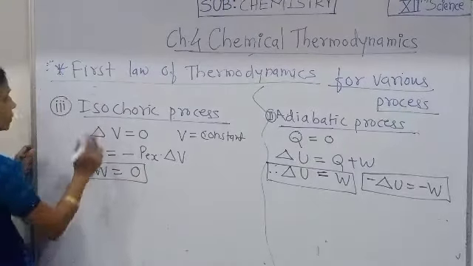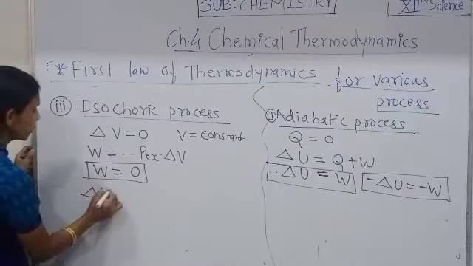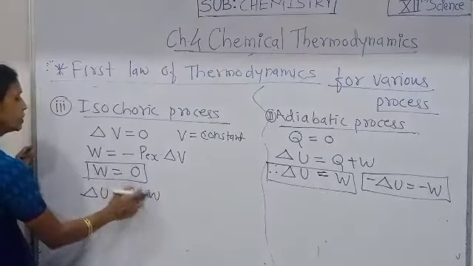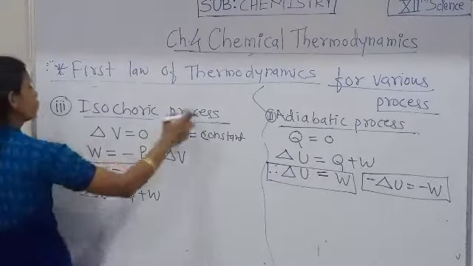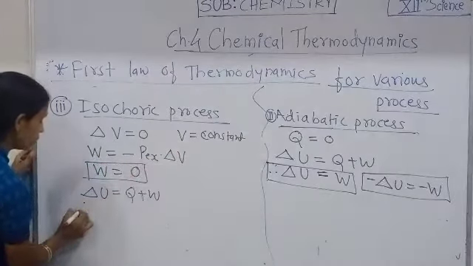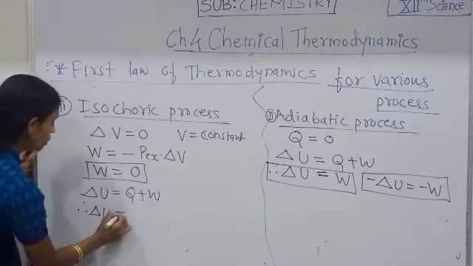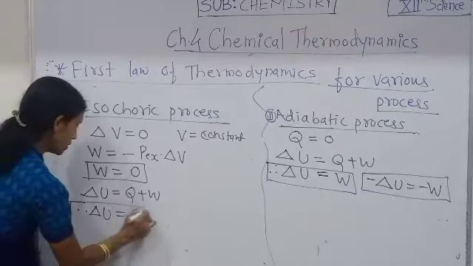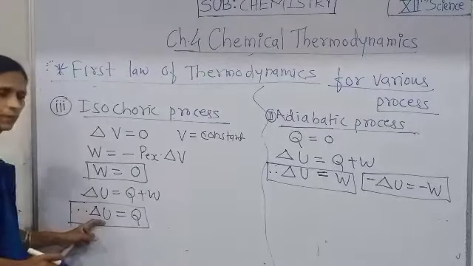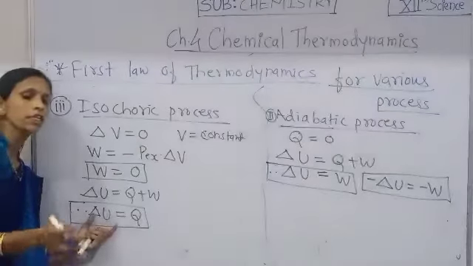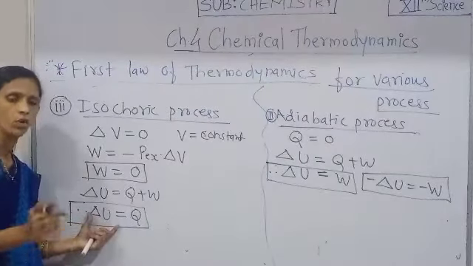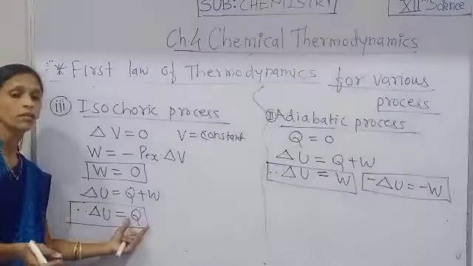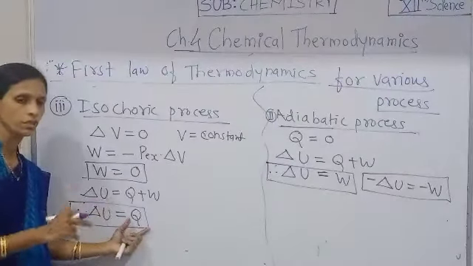And the first law of thermodynamics, that is delta U is equals to Q plus W, and here W is 0 for isochoric process. Therefore here delta U is equals to Q. That means this equation indicates that the change in internal energy of the system is equals to the heat transferred to the system.